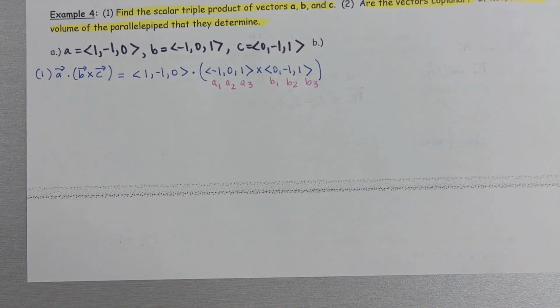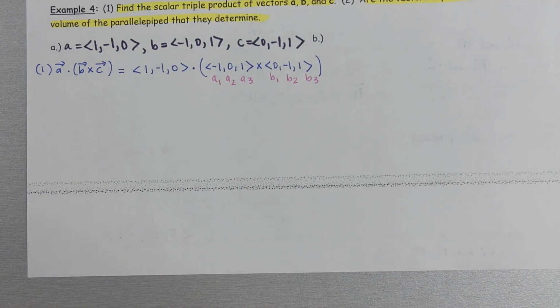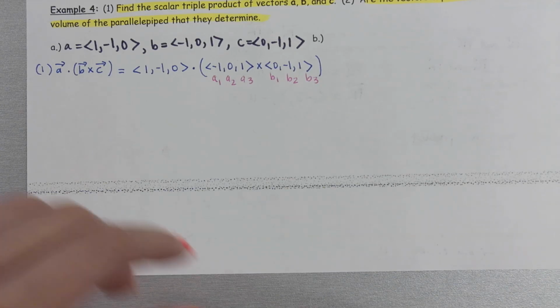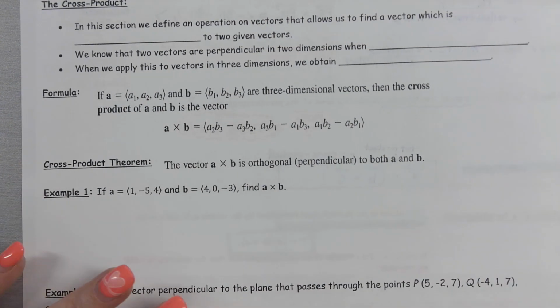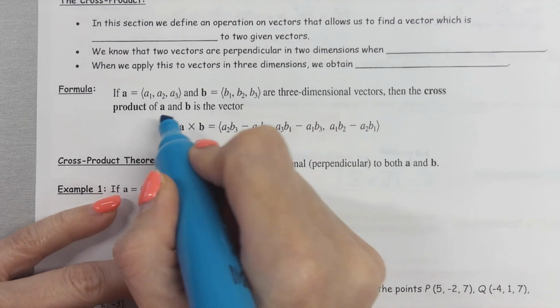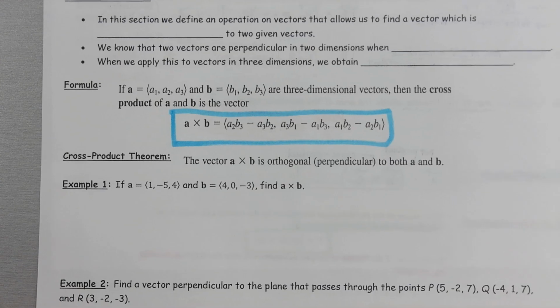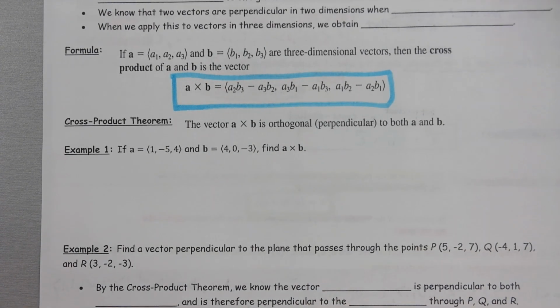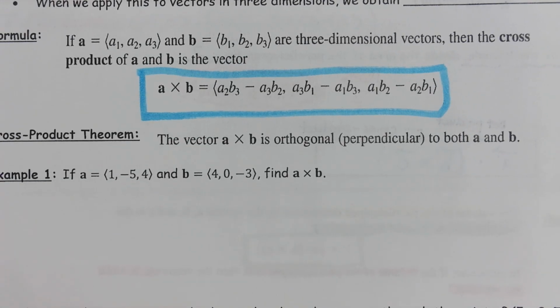I'm going to put the formula up so that you guys can do your calculation. So this is your cross product. I want you to use that to find the cross product of B and C. And yes, you will have a formula sheet for chapter 9. This will be included. It's a lot of formulas.